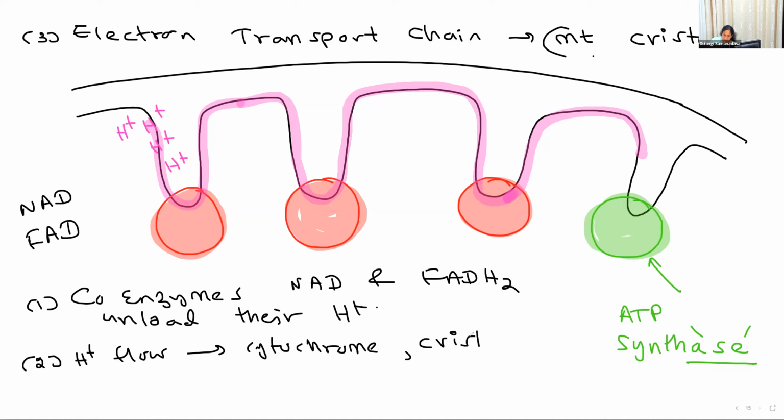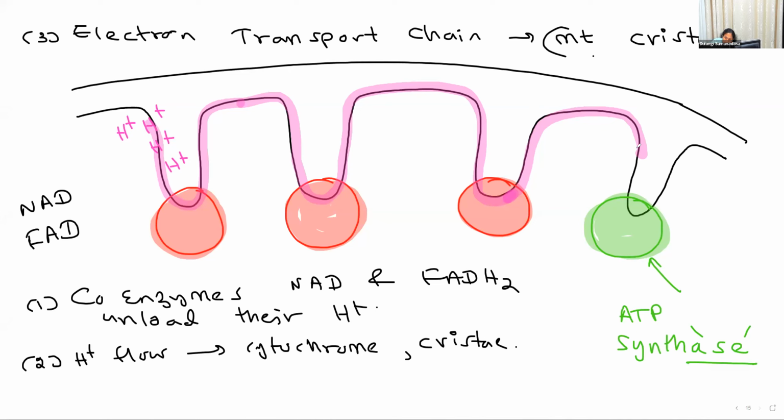I'm just writing the keywords. Next one. Coenzymes unloaded their high energy protons and then they traveled along the cristae through the cytochromes.